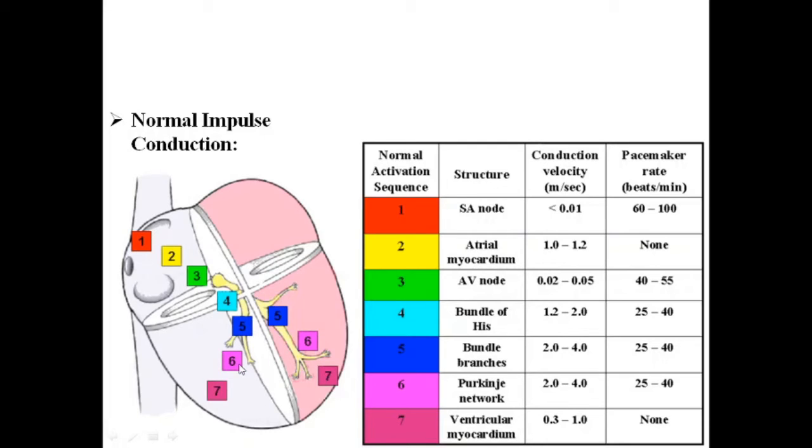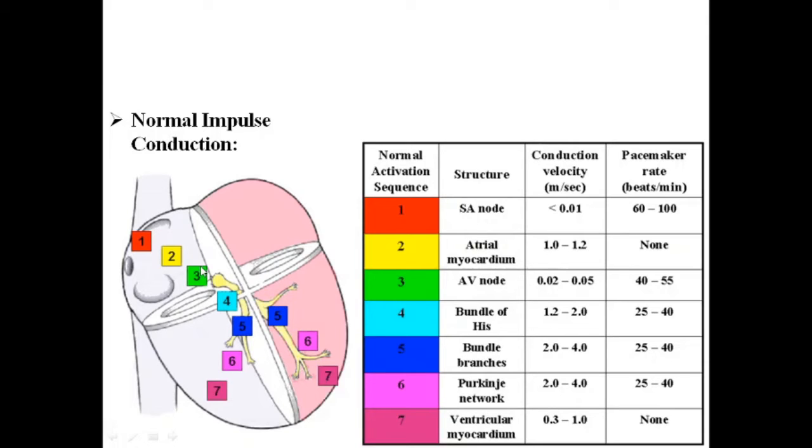Purkinje network 6, and finally the ventricular myocardium. We need to reach the ventricular myocardium, and when it ends, the rate is 0. Starting from here, it could be between 60 to 100, and likewise the velocity is also shown here.